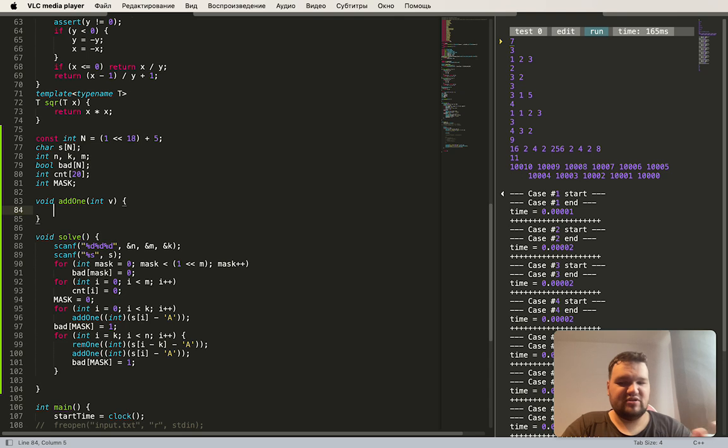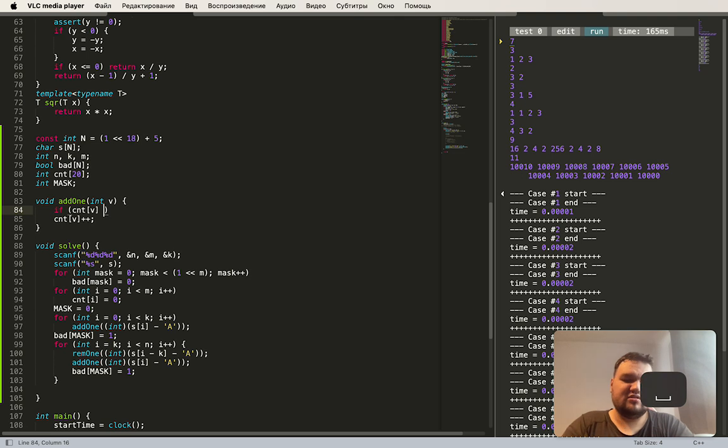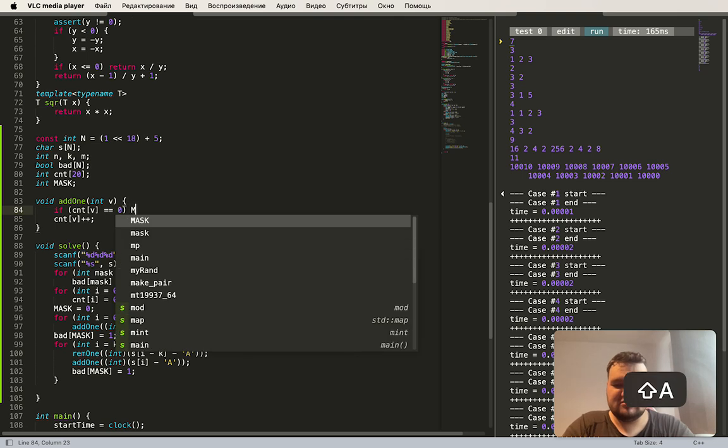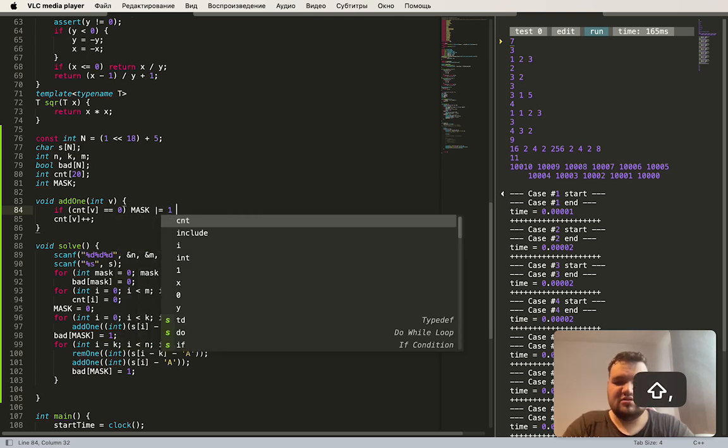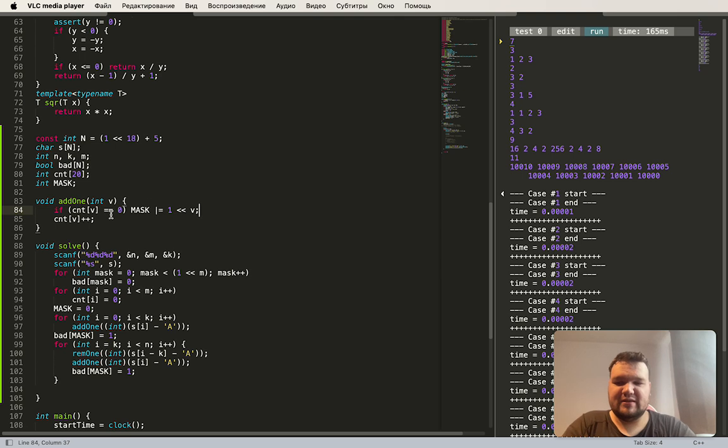So when we add one, we increase the counter, but also if the counter was 0, then we need to turn on the corresponding bit in the mask. It should have been switched off before that, so let's say that we flip it.